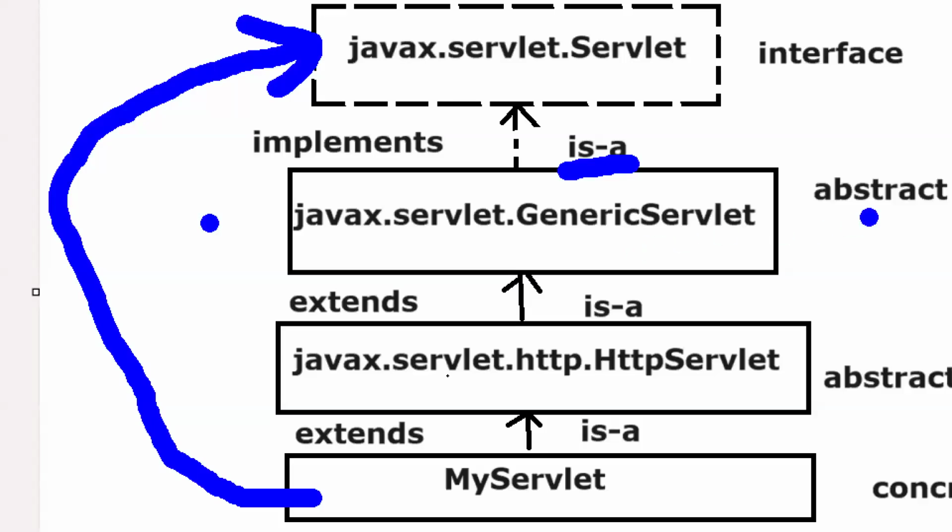Generic servlet is an abstract class. Generic servlet's child is HTTP servlet. That is also an abstract class. If you know object orientation properly, if a class has at least one abstract method, the class must be declared abstract. HTTP servlet is an abstract class, but no method is abstract in that.